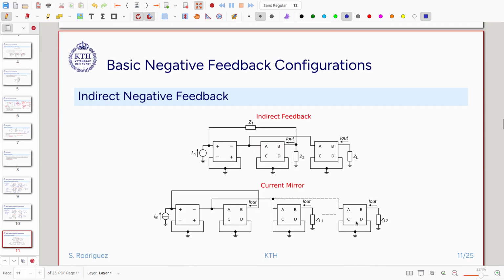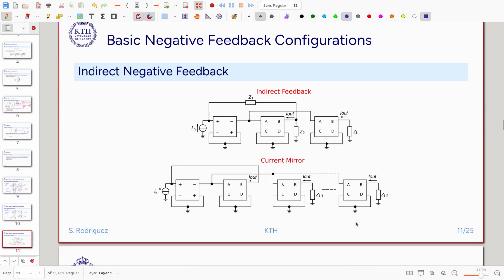So besides the configurations that we have just introduced, there are many other configurations of negative feedback. There are some that are very interesting, and they are called indirect negative feedback configurations. We are going to just study a few of these that are very common in analog integrated circuit design. So we have seen that we can use the nuller to introduce negative feedback.